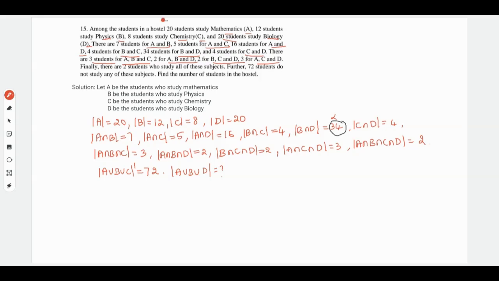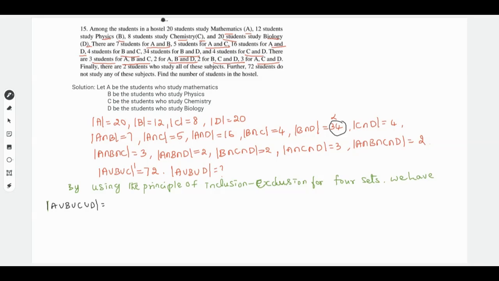So by using the principle of inclusion and exclusion for 4 sets, the formula we have is: A union B union C union D will be, first you write all the sets separately.